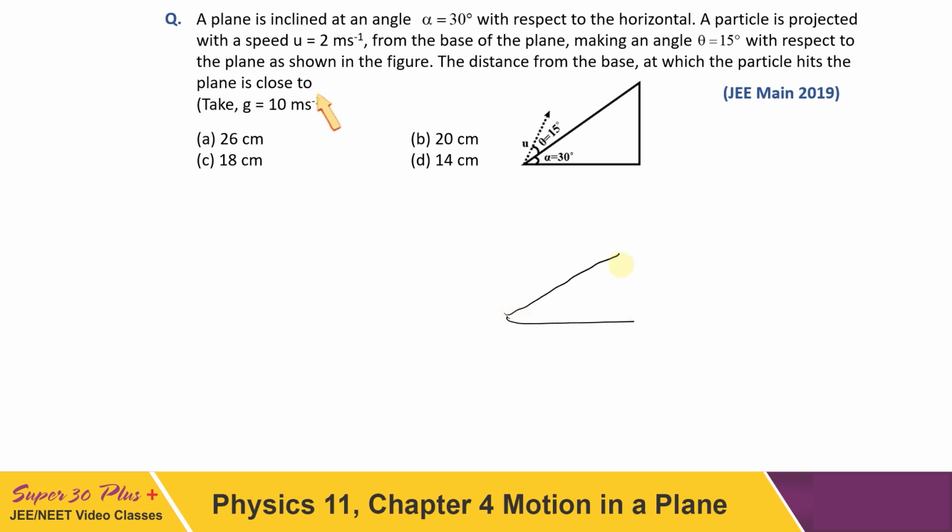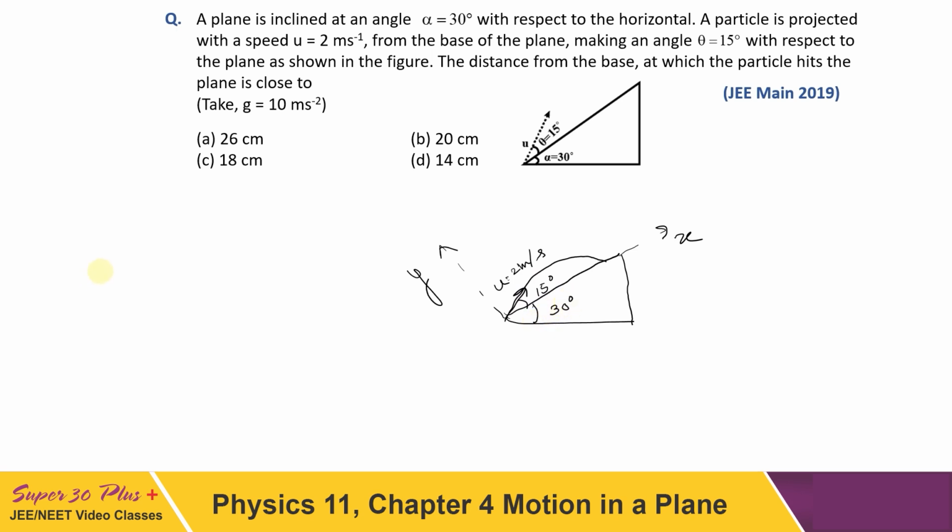If I draw it here and consider the x-axis along the incline, the y-axis being perpendicular to it, and let this be the projectile motion. This initial velocity is given as 2 meter per second and the angles are, this one is 15 degree and from horizontal it is 30 degree.